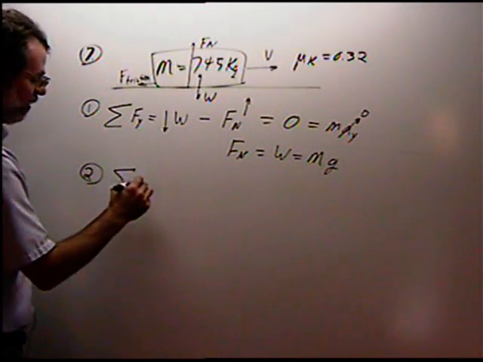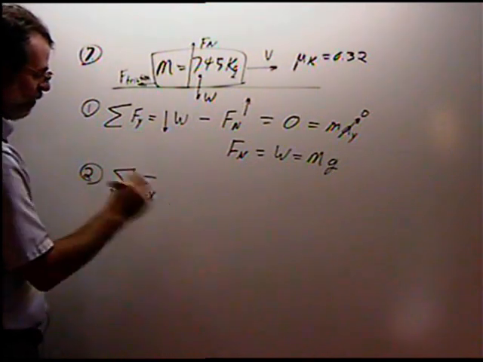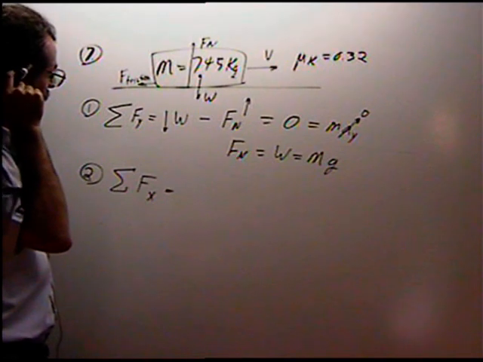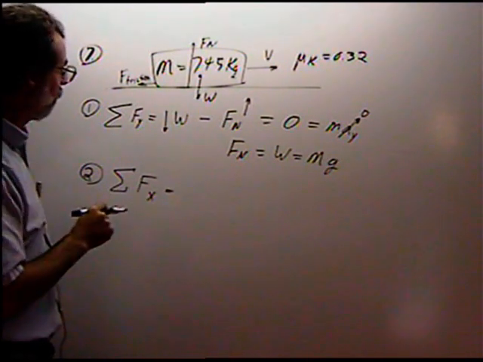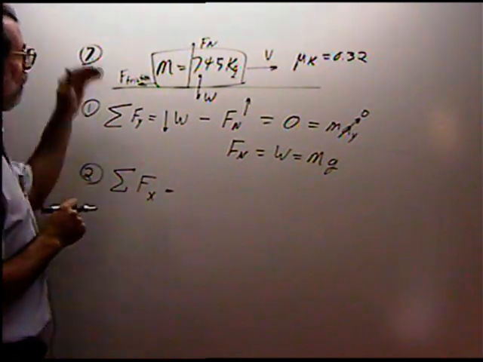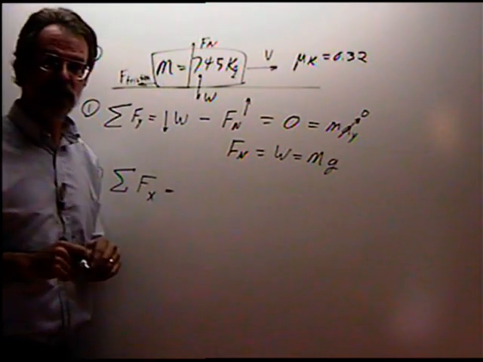In the next part, we do the sum of the forces in the x direction. Okay, sum of the forces in the x direction. Well, is there a force that's pushing on it this way? We actually don't know.